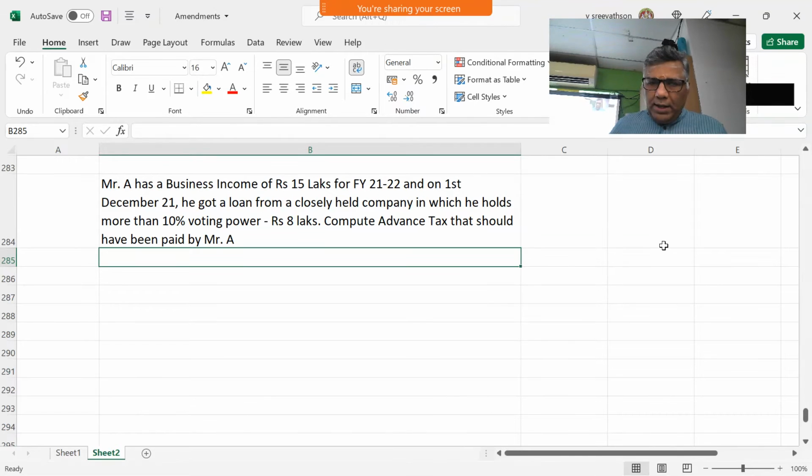His business income for financial year 21-22 is 15 lakhs. Deemed dividend on 1st December is 8 lakhs. Compute the advance tax he should have paid.